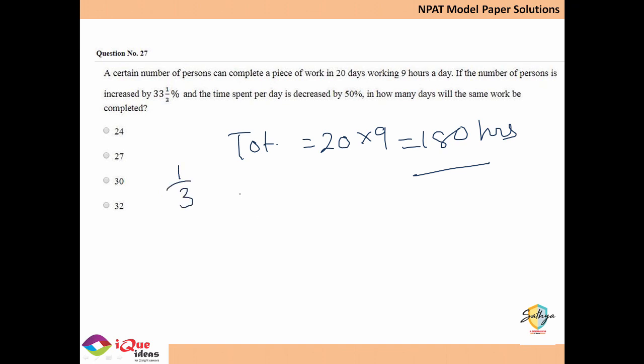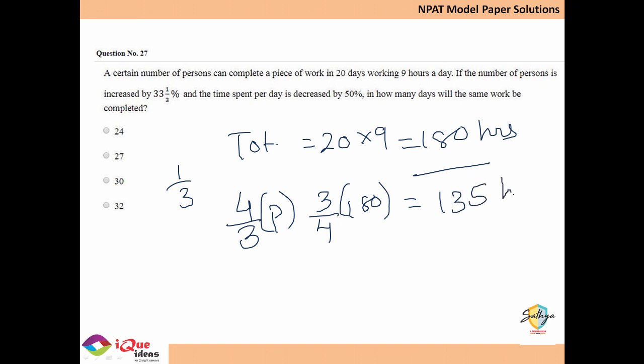So if the number of people increases by 1/3, that is, the number of people now becomes 4 upon 3 times the number of people, then the time will become 3/4 of the original time. So 3/4 of the original time means the total time which is now required is equal to 135 hours.